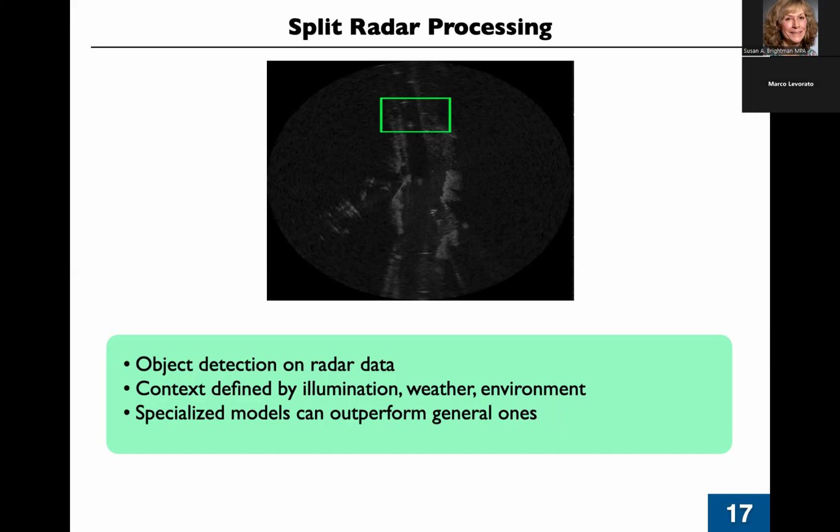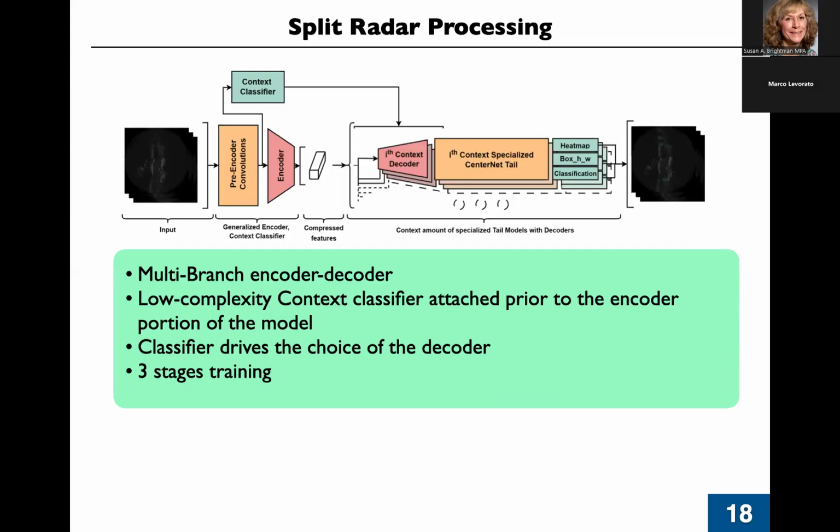So the idea here is that if you make the encoder-decoder chain more specific to the context, for instance, in this case, the data has different contexts in terms of weather conditions, in terms of complexity of environment, in terms of all these things, you can actually build a model that has multiple encoder-decoders, and every encoder-decoder pair is optimized for a specific context.